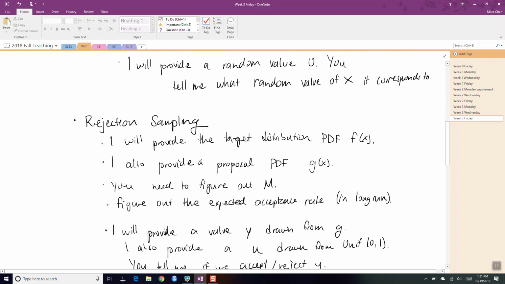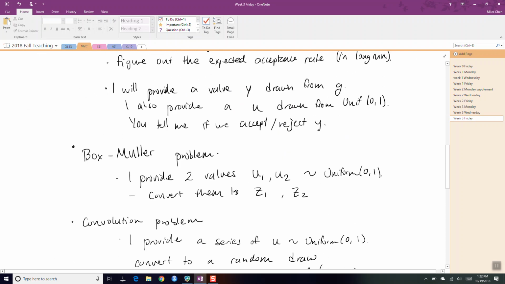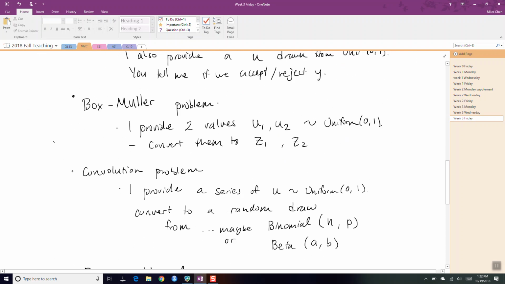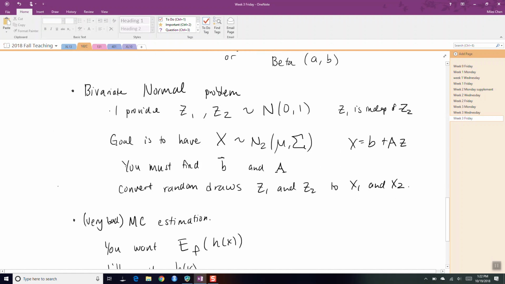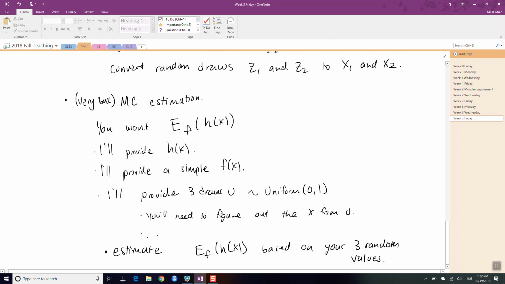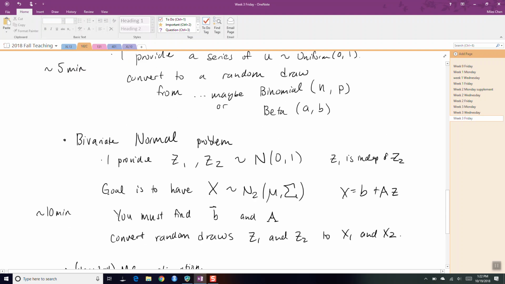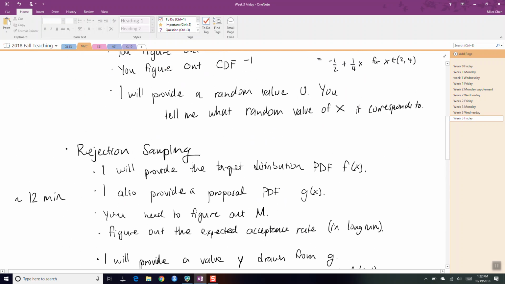Rejection sampling would take about 12 minutes. Box-Mueller, like 5 minutes. Convolution, about 5 minutes. Bivariate normal, this might be like 10 minutes. And Monte Carlo estimation, maybe 15. So that adds up to too much.